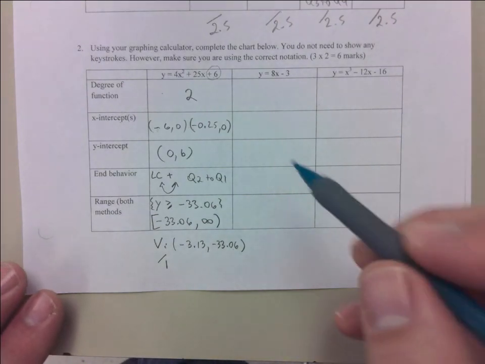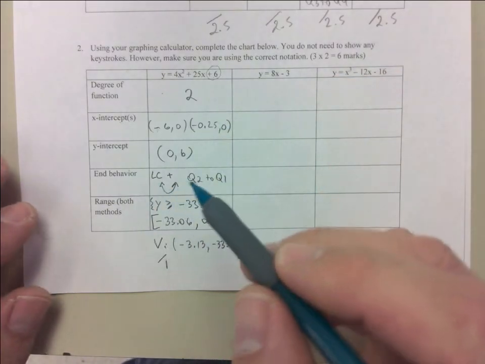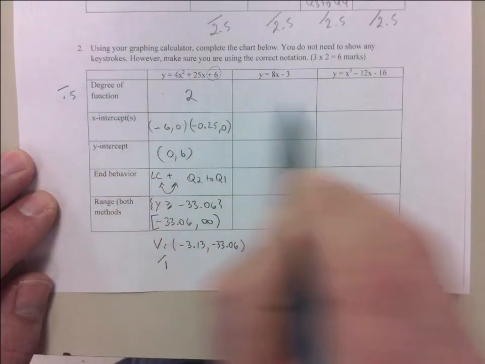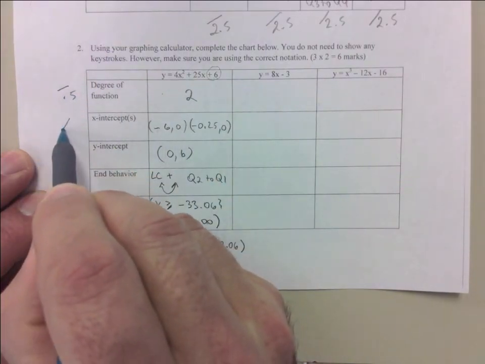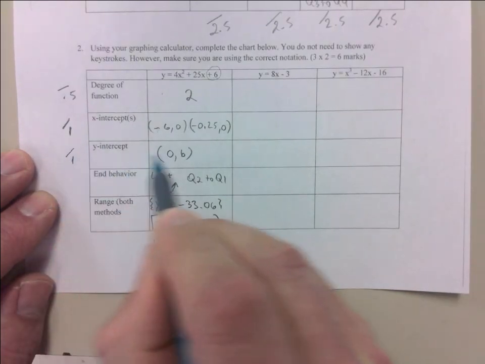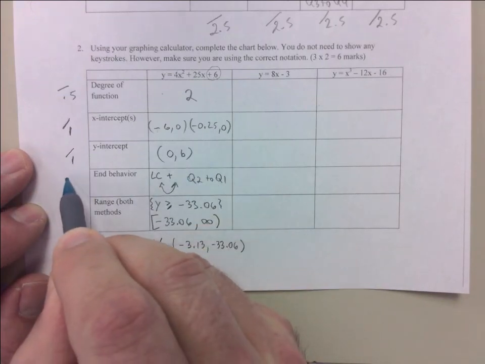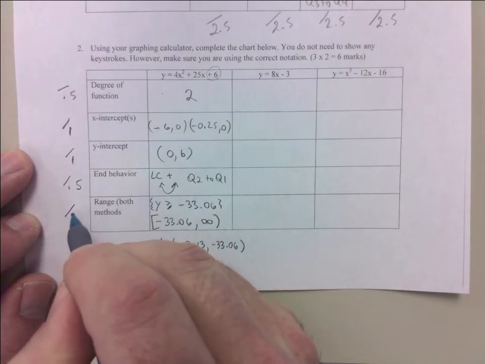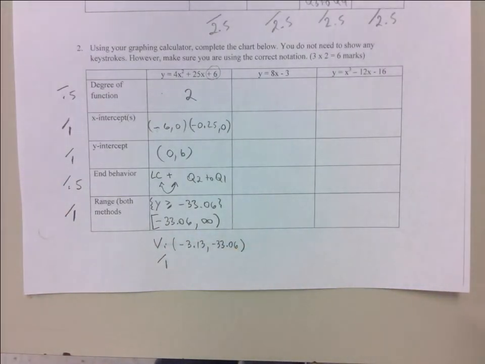So here's how I'm gonna break it down. We're gonna go half a mark for the degree across the board. I'm gonna give you just 1 mark for the x-intercepts, 1 mark for the y-intercepts. I'm gonna give you half a mark for end behavior, and we're gonna give you a full mark for the range.